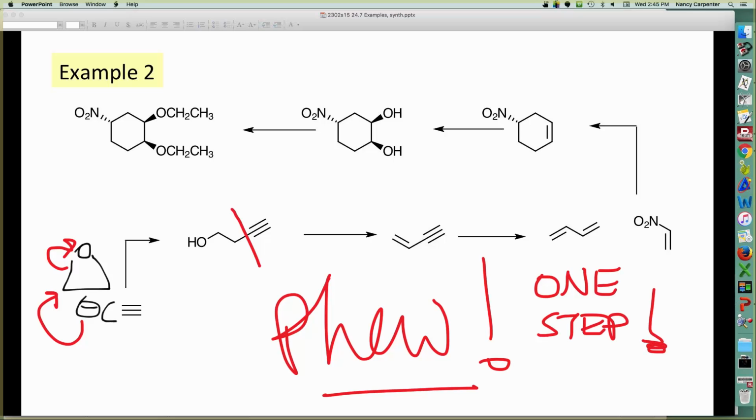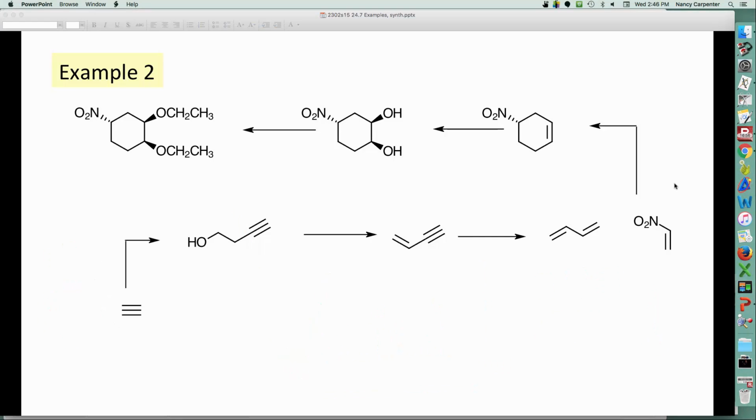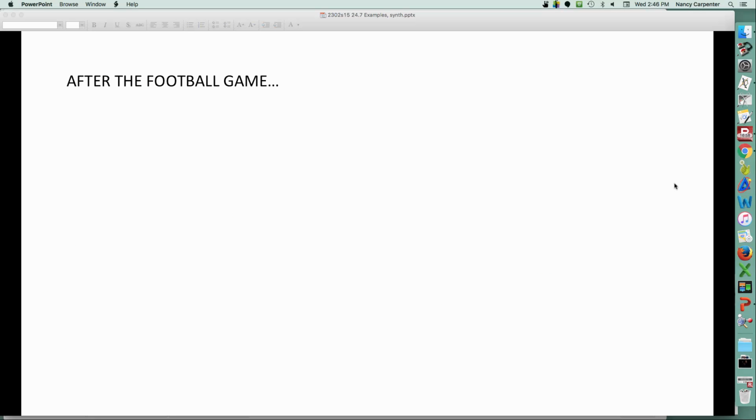One step backwards. Which reminds me of a football game. Ugh, this is a terrible joke. So, the University of Alabama football team played Harvard. There was a party after the football game, and an Alabama player went up to a girl and said, what school do you go to? And the girl replied, Yale.